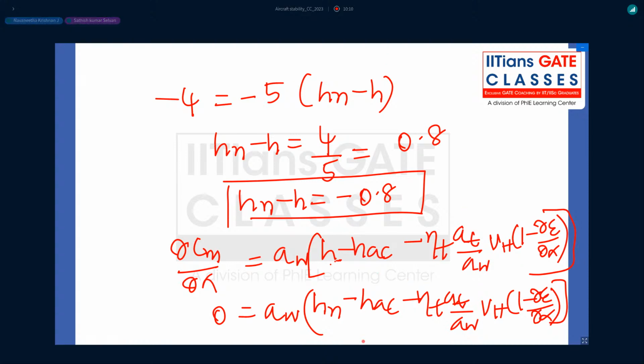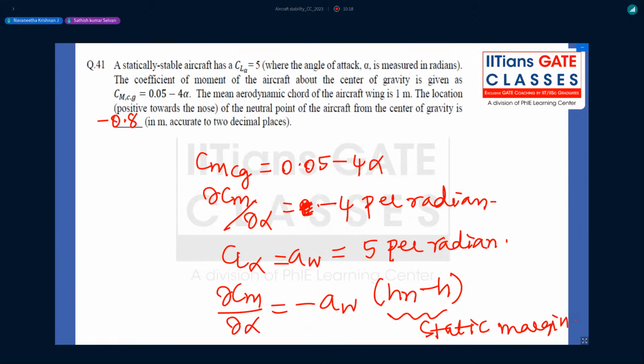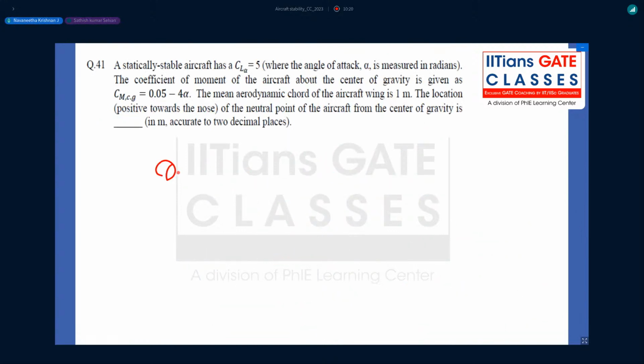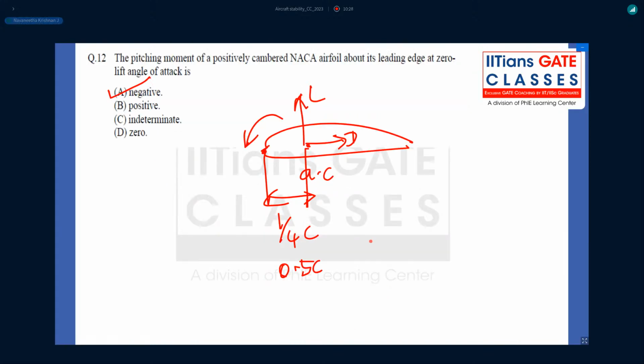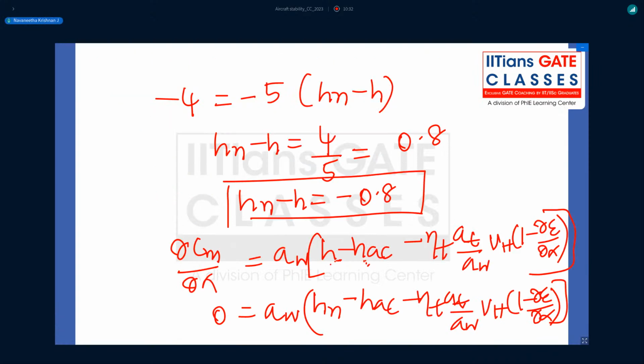Okay, I'll rewrite this equation. How it would have happened is dou Cm by dou alpha equal to AW into H.